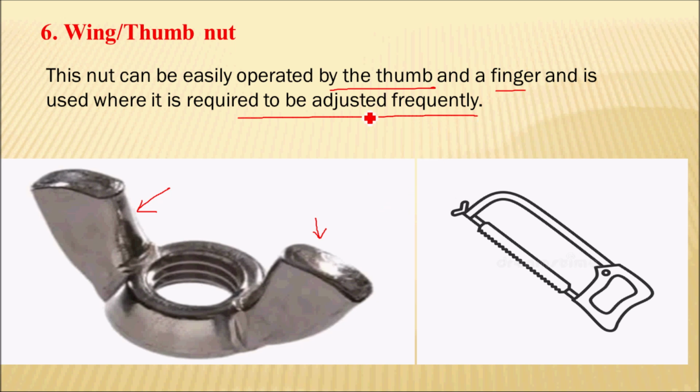Where something is required to be adjusted frequently, a wing or thumb nut can be used. You can see one application here, that is a hacksaw. In this hacksaw, this one is the wing or thumb nut. Next is the ring nut.